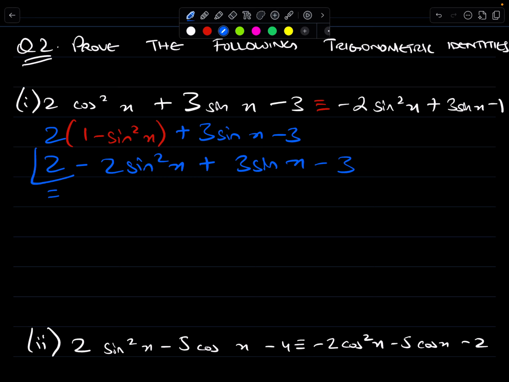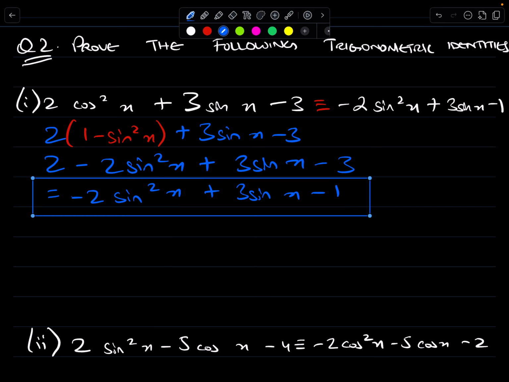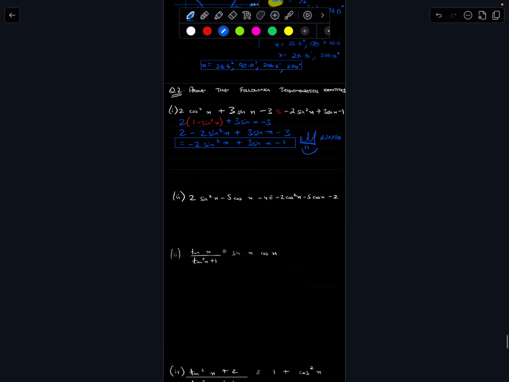And 2 minus 3, thus we'll end up with this. And we prove the identity that the left hand side is equal to the right hand side. And thus you can think of yourself to be the king.